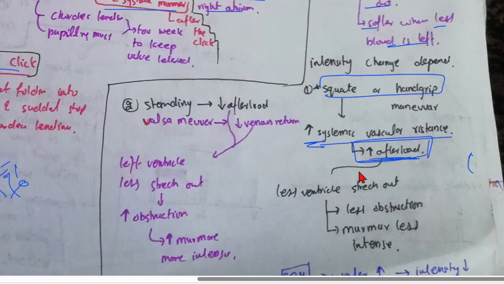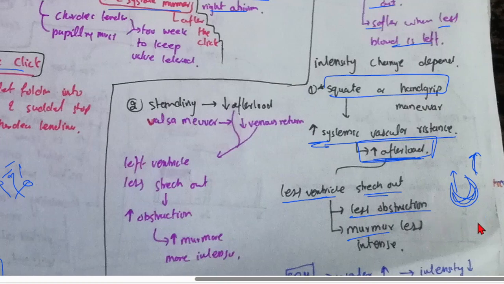If the afterload increases, the ventricle stretches out less, because the blood comes here and only less blood is moved out. So there is less obstruction and the murmur is less intense.